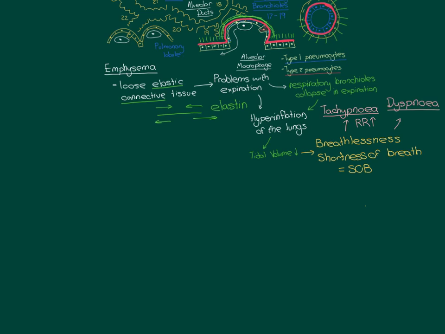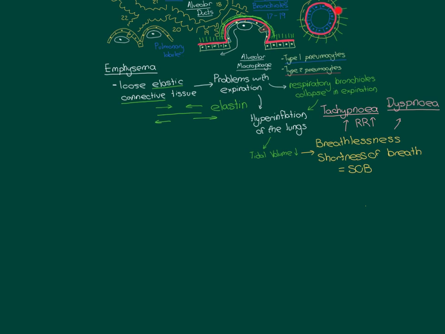It's the loss of the elastic connective tissue from the lungs, and this results in hyperinflation for two reasons. Because of the loss of the elastic connective tissue around the alveoli, which prevents them returning to the healthy size, that stops full expiration, or rather gives a new resting size for the alveoli.